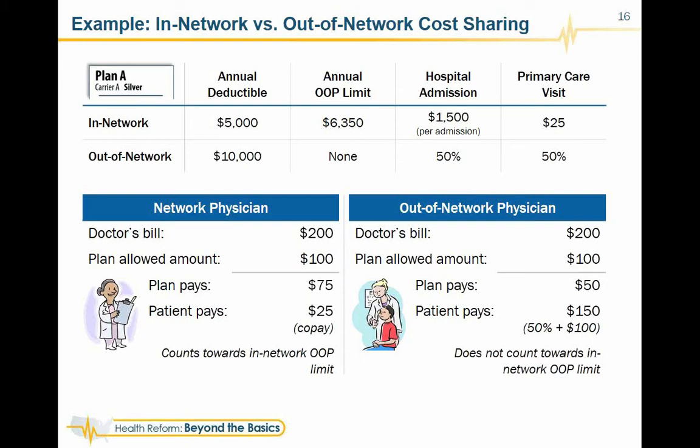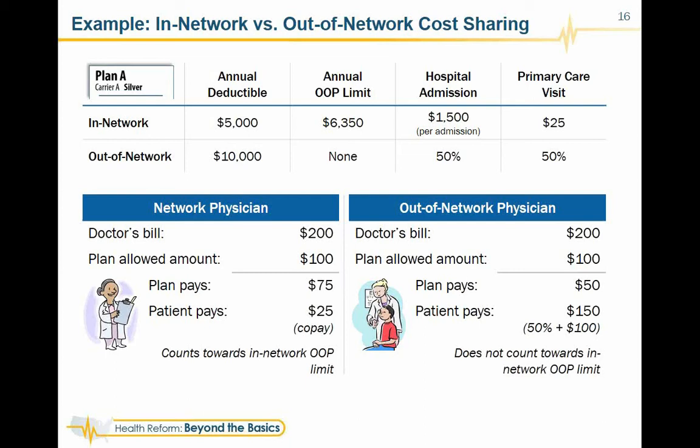And then there's a requirement that if you go to a primary care visit, you pay a $25 copay if you go in network and 50% co-insurance if you go out of network. So the examples with the purple bars at the bottom are that if you go to an in-network doctor, the doctor, let's say in this example, is charging $200, and the plan's allowed amount, which is the amount that the plan has agreed it will pay, is $100.